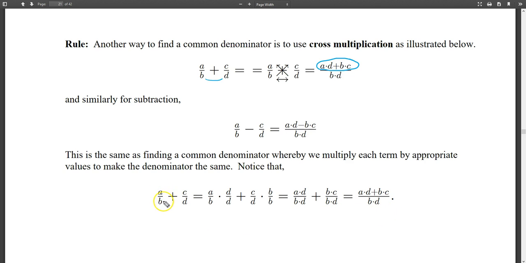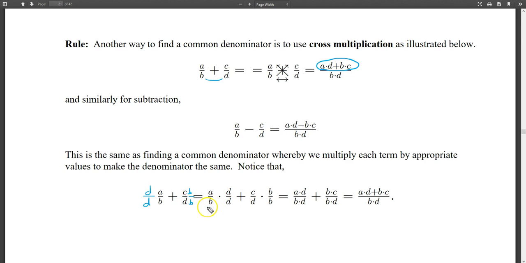If you look at a over b plus c over d, to make the denominator common, you multiply the a over b by d over d, and you multiply the c over d by b over b. Now the denominator would be bd, and bd over here, you see.